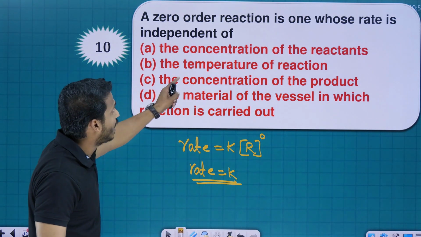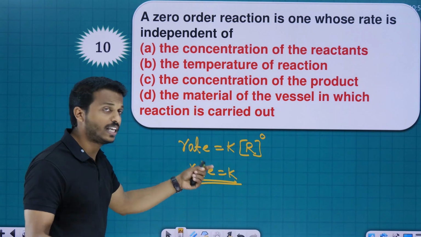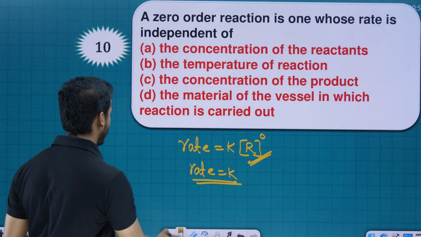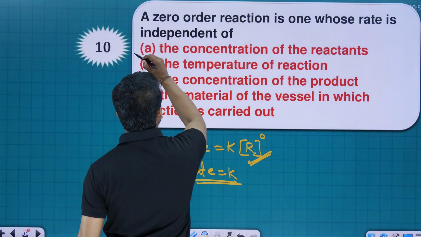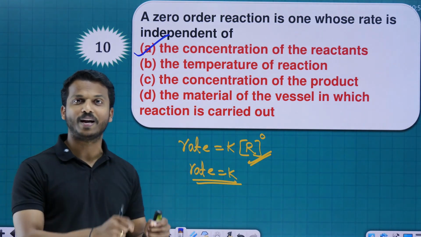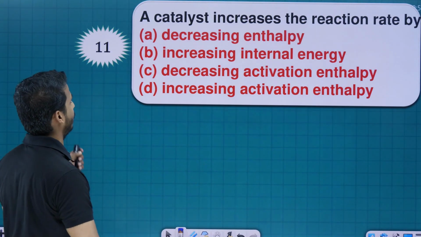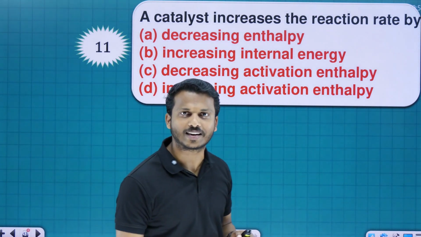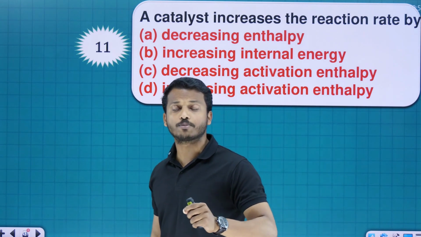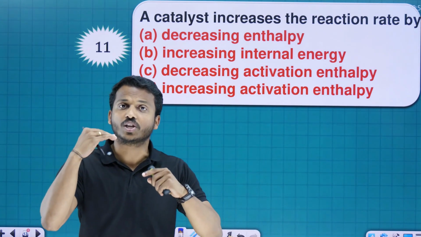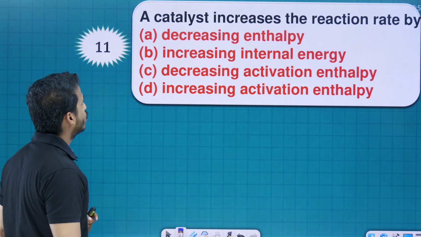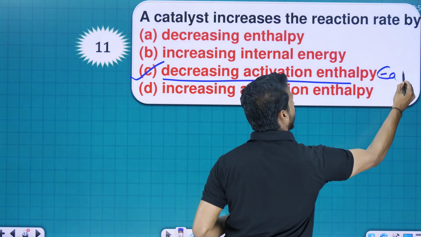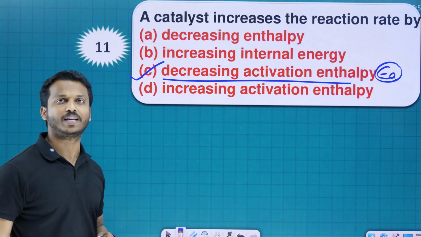So a zero order reaction is one whose rate is independent of the concentration of the reactant. Next, a catalyst increases the reaction rate by, what is the purpose of a catalyst here? A catalyst is a chemical substance which reduces the activation energy and speeds up the reaction. So it decreases the activation energy, by which it speeds up the reaction.